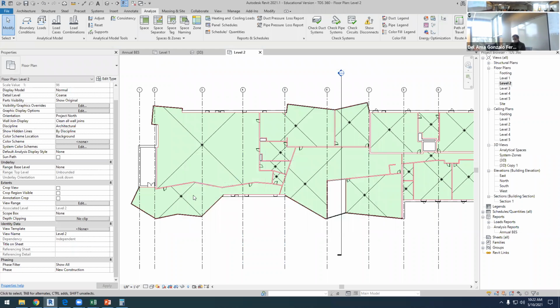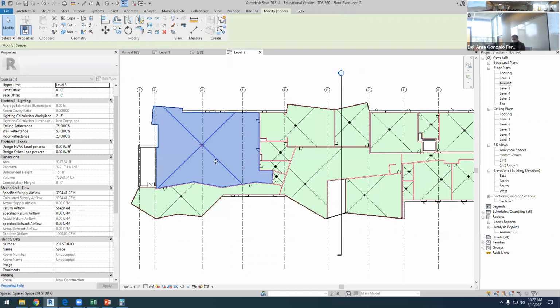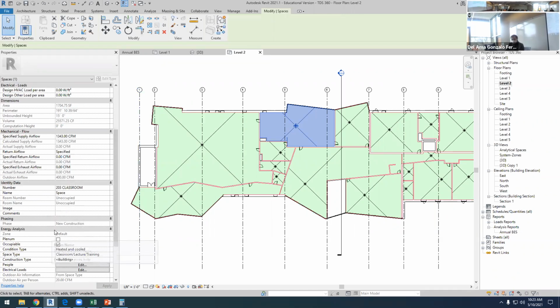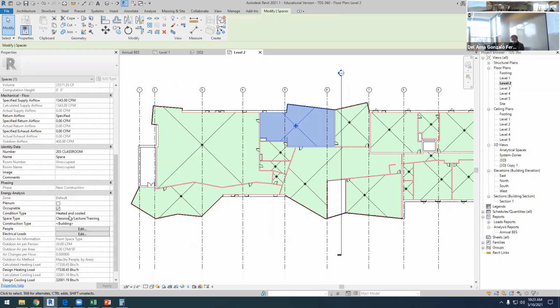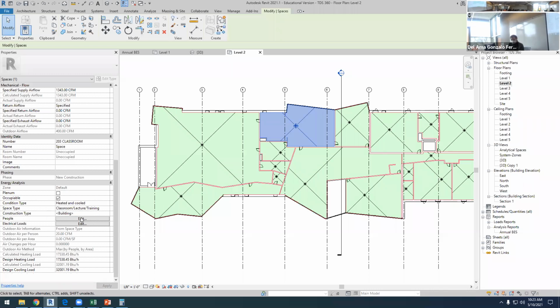So we are analyzing now three spaces: the studio, the create space, and the 203 classroom. We have already changed this. It's occupiable, heated and cooled, classroom, lecture, people.